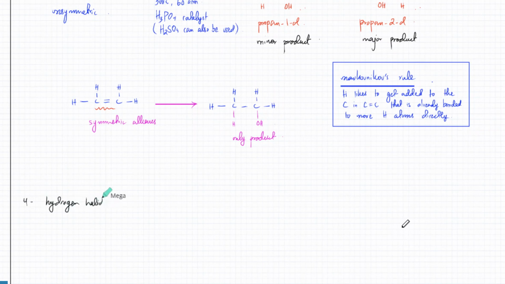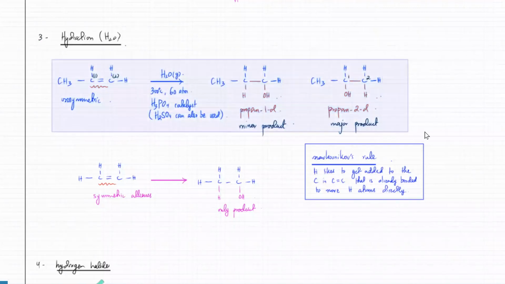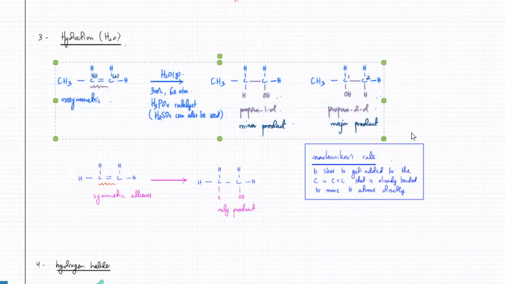So no specific conditions for hydrogen halides. Everything is the same, so I'll just copy that. Again, you're going to have major and minor products. Hydrogen halides are basically HCl, HBr, HI, etc.